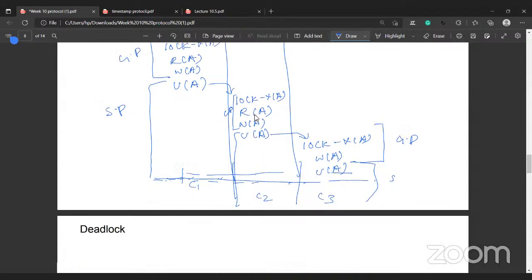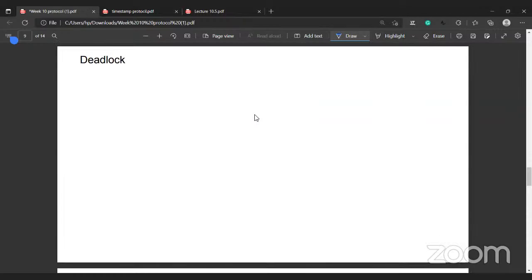Okay. Now we'll see deadlock. Suppose there is a schedule with transaction T1 and transaction T2.